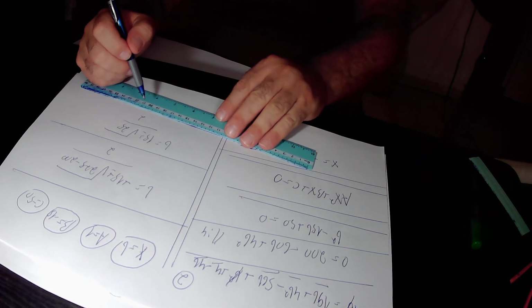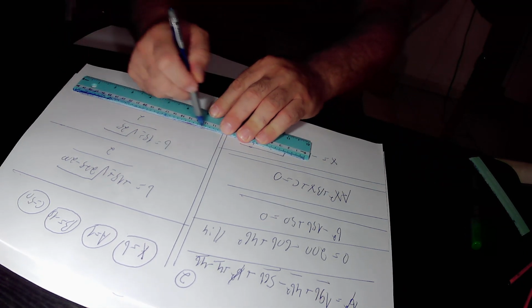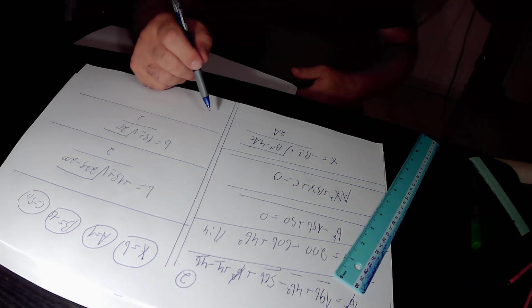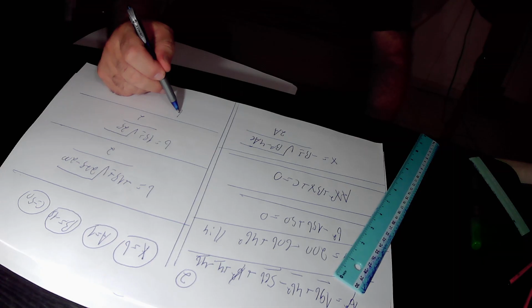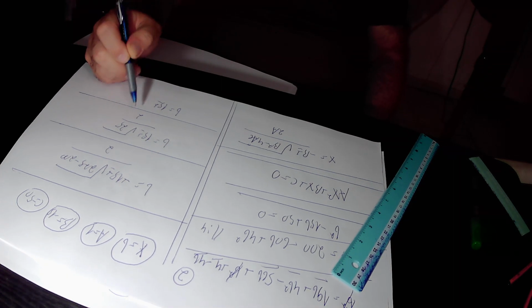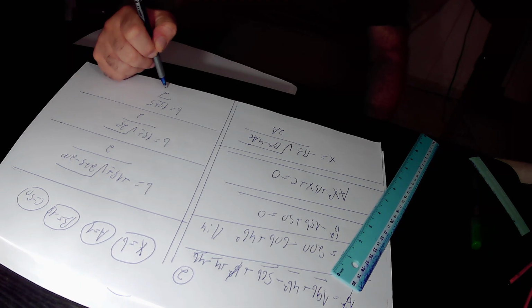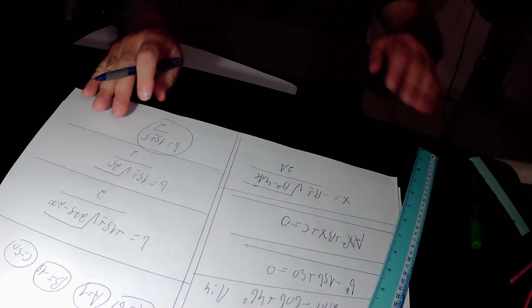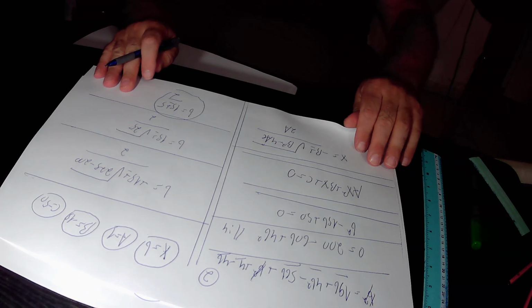The square root of 25 is 5, divided by 2. So here we have two possible solutions for b.